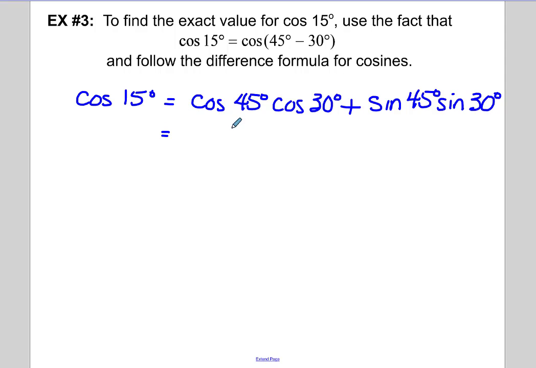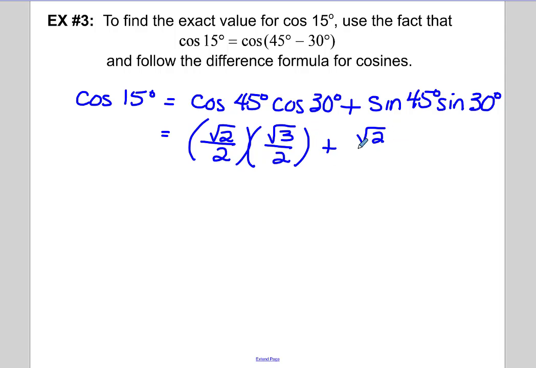And next we want to actually evaluate each angle. Cosine of 45 is radical 2 over 2. Cosine of 30 is radical 3 over 2. Sine of 45 is the same as cosine of 45. And then sine of 30 is 1/2.